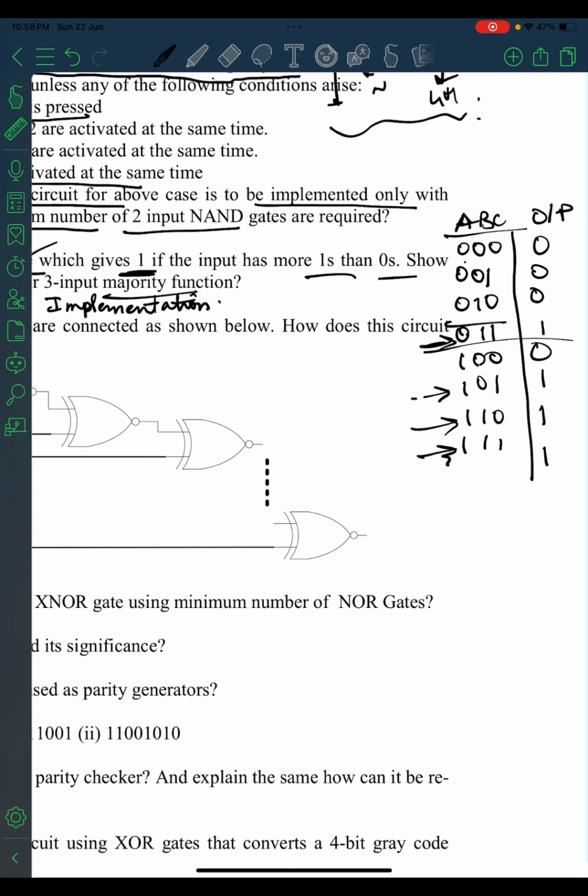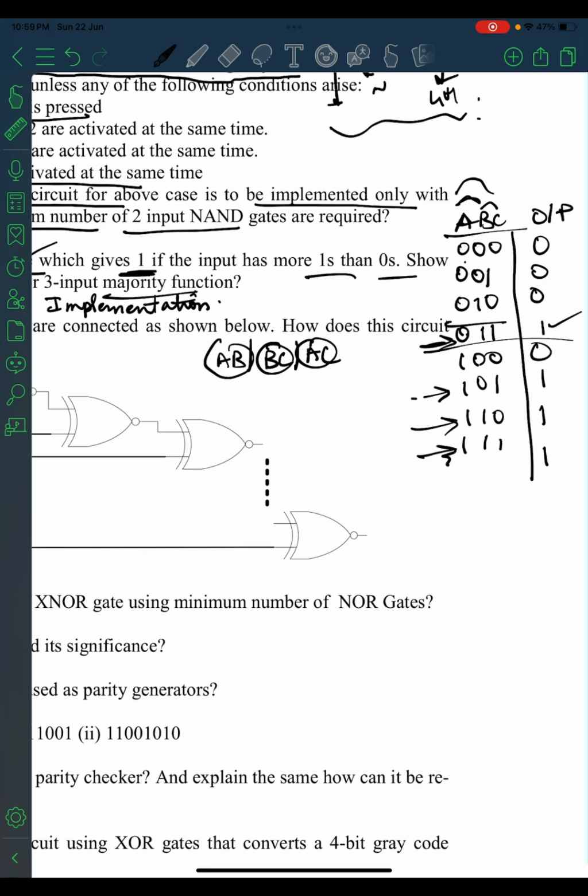So here, if you look carefully, this question repeats many times. So I have actually memorized this thing here. Whenever any two combinations are equal to 1, then the output will become 1, because if A, B or B, C or A, C, any two of them are both equal to 1, then the output is 1.